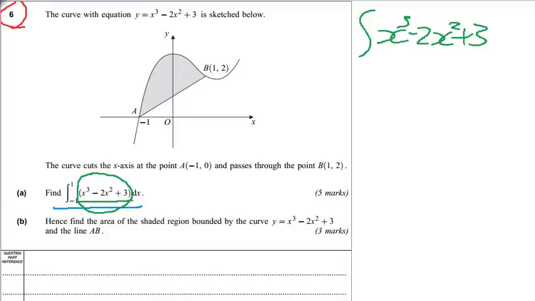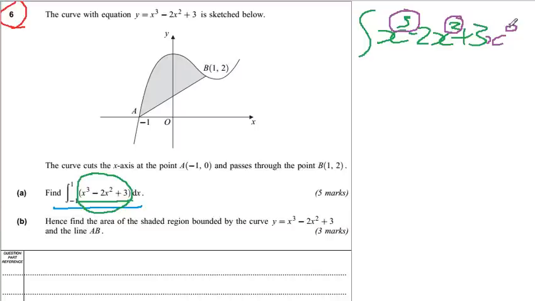When you integrate those, you need to increase the power by 1, so that 3 there is going to become a 4, that 2 there is going to become a 3, and this kind of invisible x to the power of 0, that's going to become a 1 there. So after you've done that, then divide by your new power. I hope that makes sense.